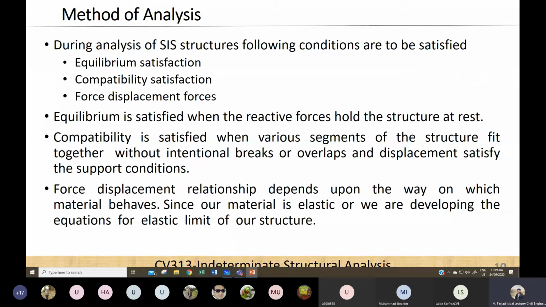So this was a brief review of what we have already studied. Let's discuss briefly the different methods.